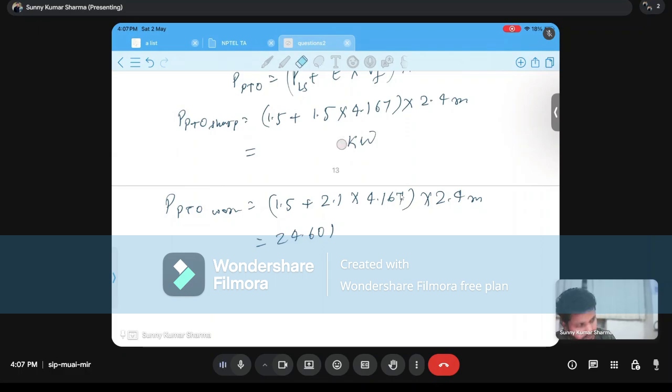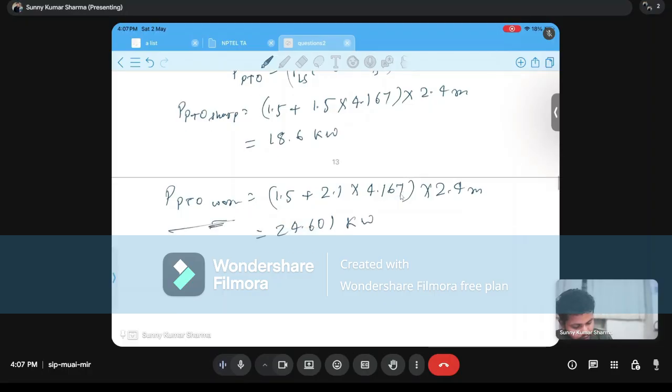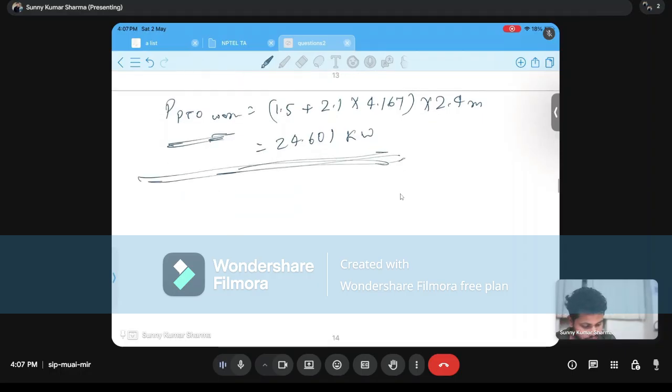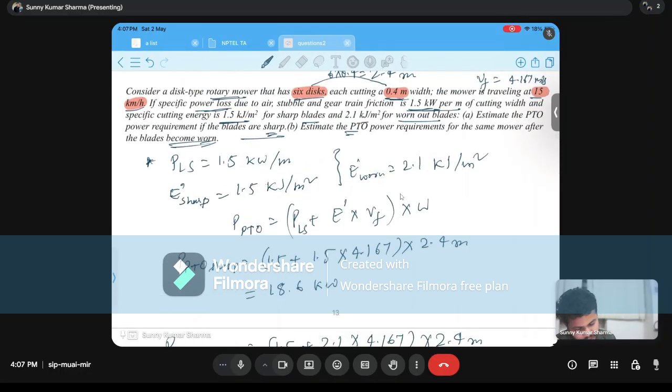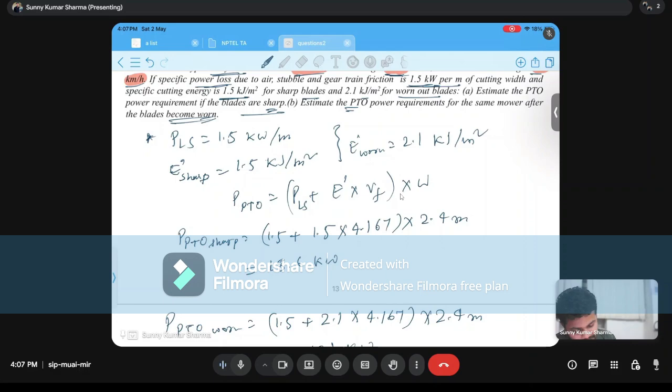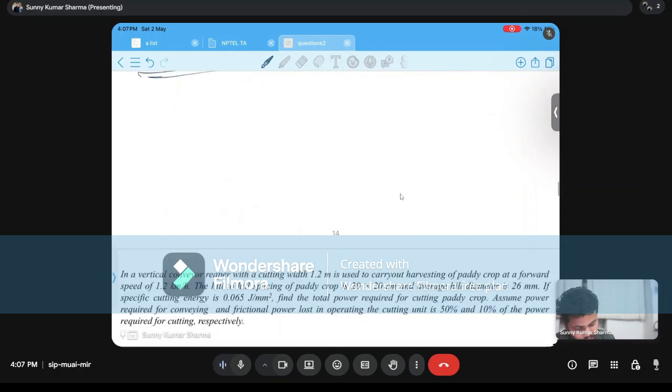And here it is 18.6, not 22. 18.6 kilowatt, and here it is 24.6. So you can see the difference. In case of worn blade, the power requirement is increasing by approximately 6 kilowatt. So this is the question from where we can estimate what is the PTO requirement if the blades are sharp and if the blades are worn.